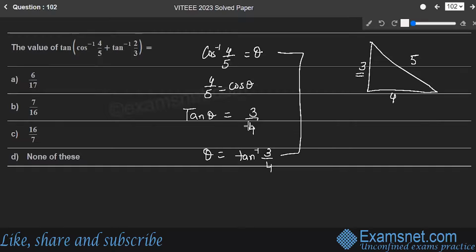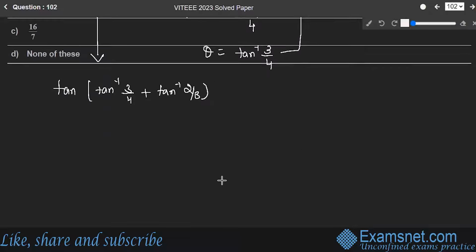That means cos inverse 4 by 5 is equal to tangent inverse 3 by 4. So now this expression becomes tangent of tan inverse 3 by 4 plus tan inverse 2 by 3.